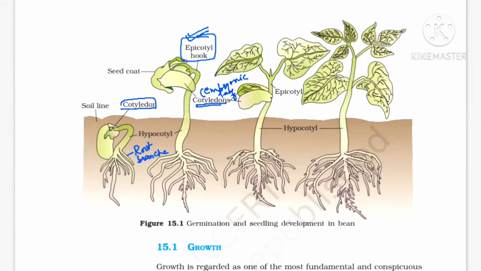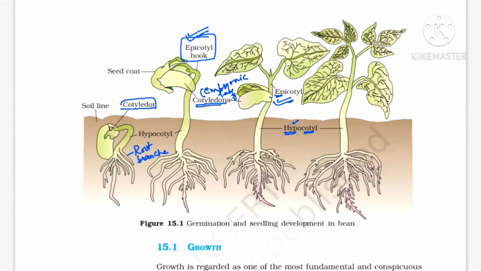And finally, check this diagram carefully. Below this cotyledon was the hypocotyl. Hypocotyl means below the cotyledon. And above this is your epicotyl, meaning above the cotyledon, which is going to give rise to the shoot system. So the hypocotyl gives rise to the root system and the epicotyl gives rise to the plumule, finally giving rise to the shoot system.